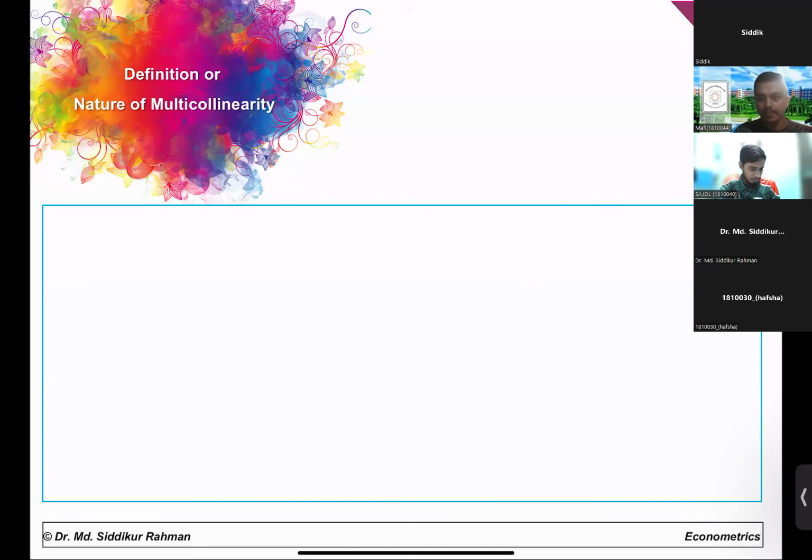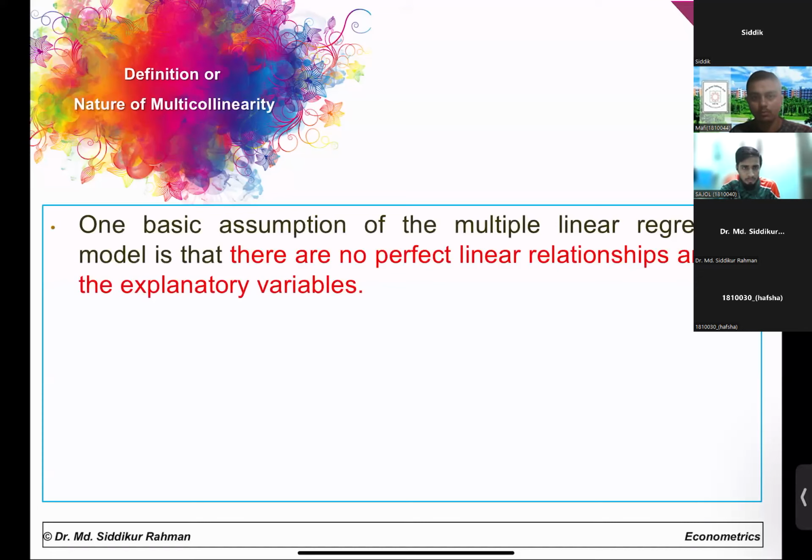So what is multicollinearity? If you are asked to define the nature of multicollinearity, I have to say that one of the basic assumptions of the multiple linear regression model is that there is no perfect linear relationship among the explanatory variables, right? So you have to revisit the basic assumptions of the classical linear regression model.